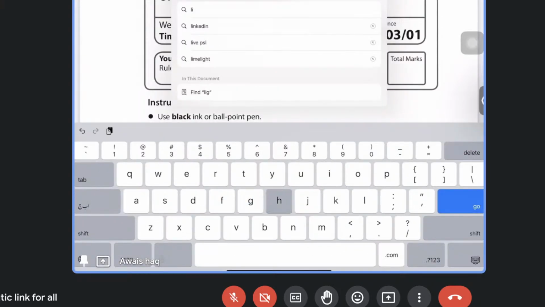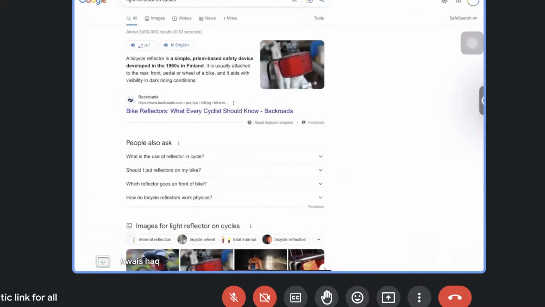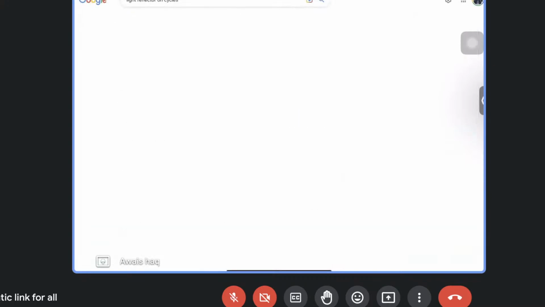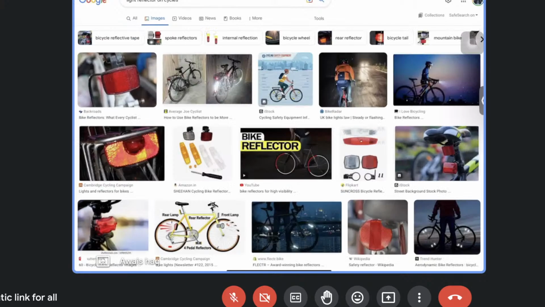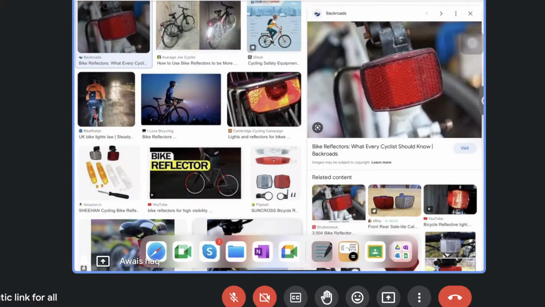Light reflectors on cycles. Usually they're more prominent there, but have you guys seen this? Yes. Okay, so these are light reflectors.